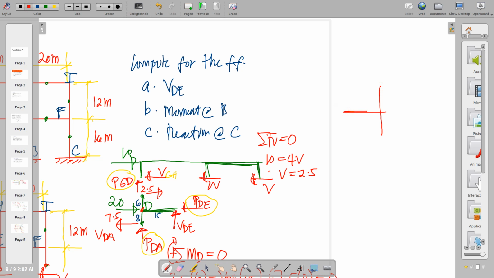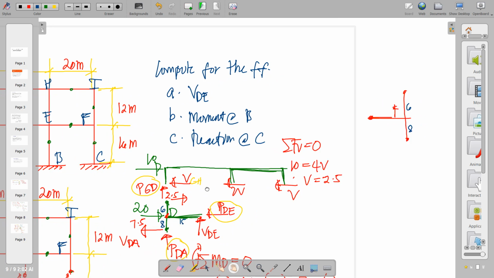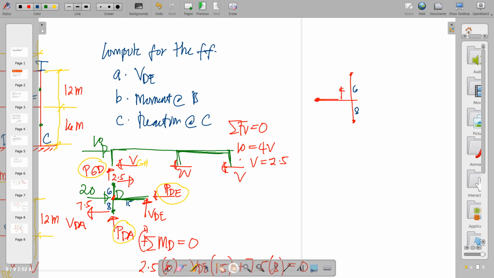Say this is F. So these are the portals or points of inflection. So label the distances. This is 6, this is 8, and this is 10.